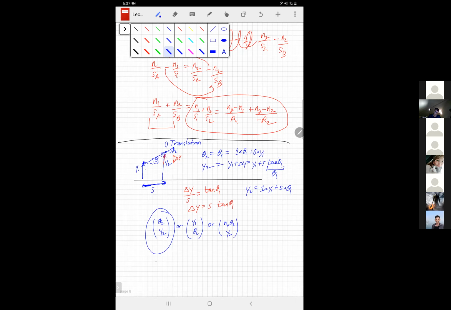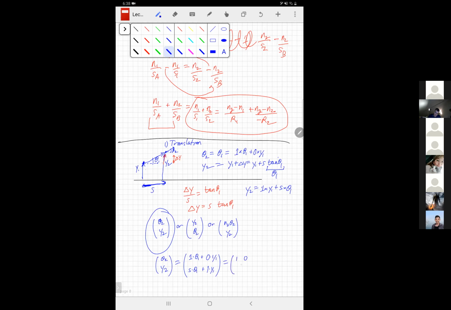So we'll stick with this, and we get theta 2, y2 is equal to 1 times theta 1 plus 0 times y1, and s times theta 1 plus 1 times y1. Well, let's see, that looks a lot like multiplying a matrix by a vector.